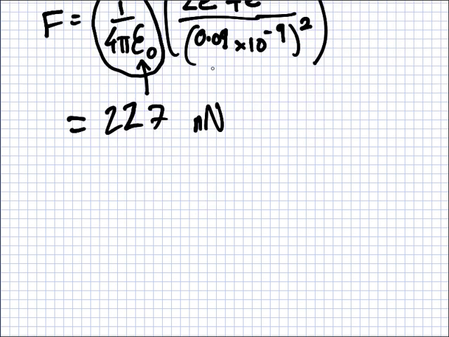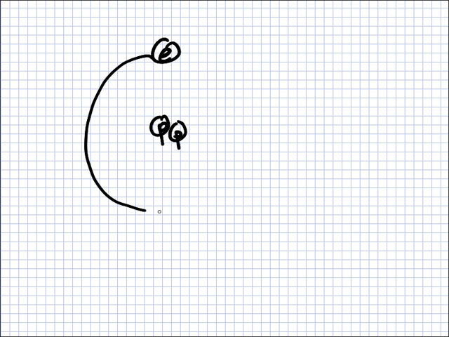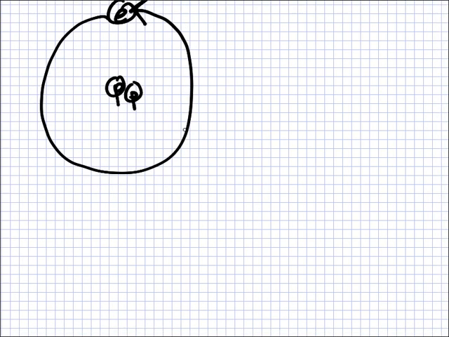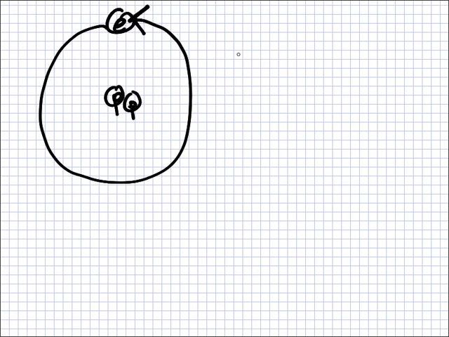Next one, number 2. An electron is orbiting 2 protons. What is the velocity? Okay, so you have an electron and it's orbiting 2 protons. What's the velocity? So it's circular motion. The formula is v equals omega r.